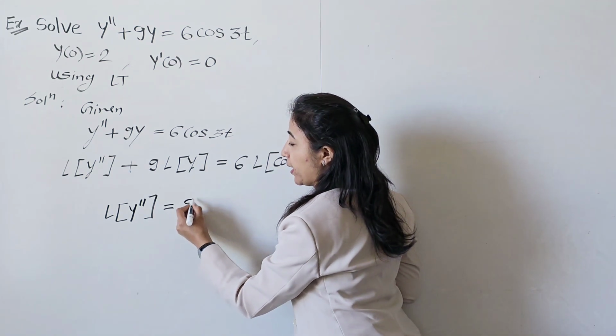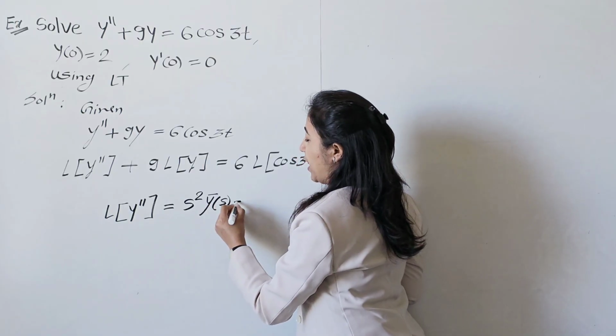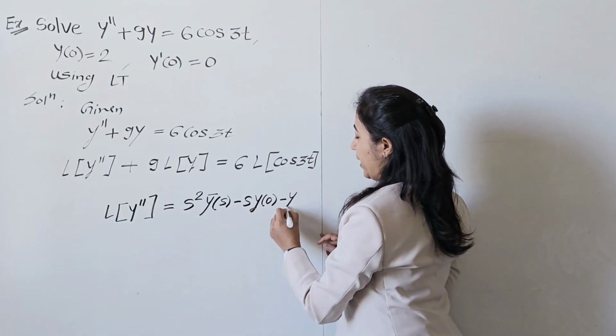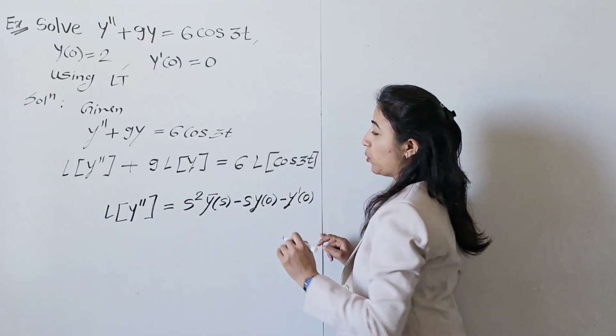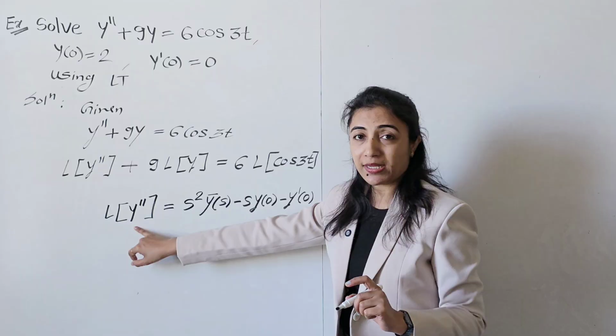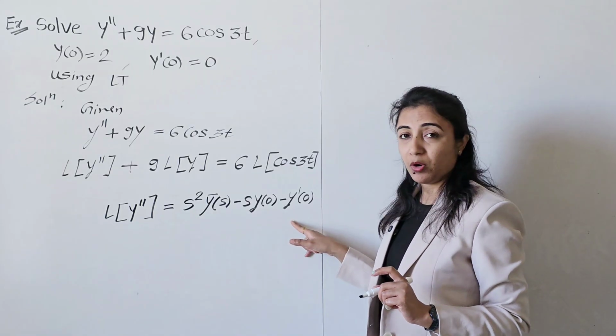So it is s square y bar of s minus s y of 0 minus y dash of 0. How do we get this formula? That we have already covered in the derivative property of Laplace transformation. Using that property you will get this formula.